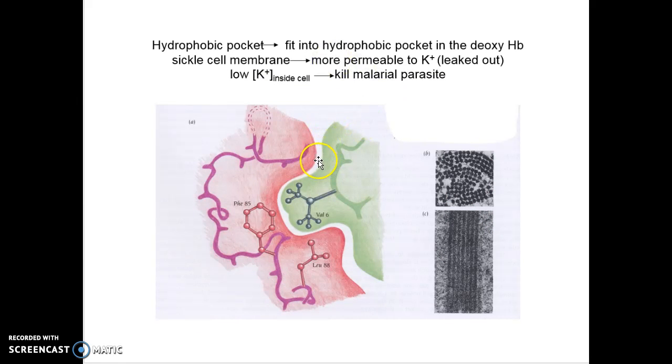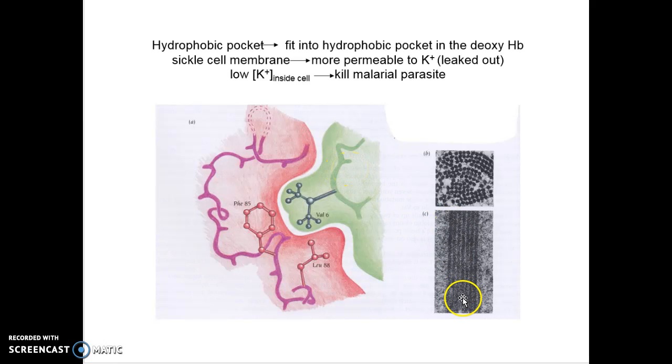By chance, this newly replaced valine has a fitting surface on another area of hemoglobin. They simply could interact with each other by this hydrophobic interaction. That force is just enough to produce polymeric forms.